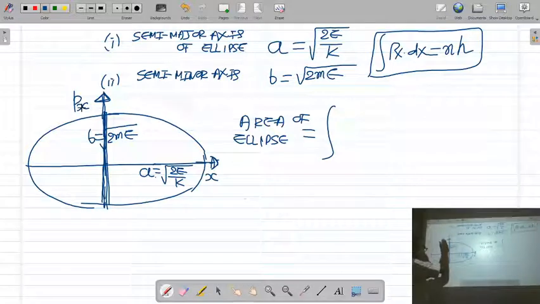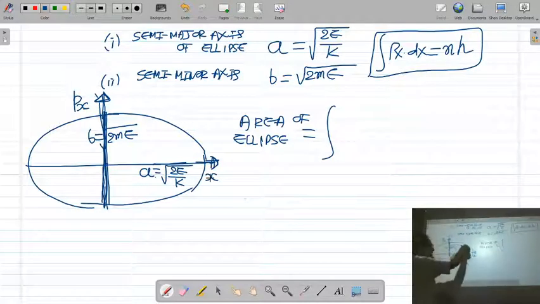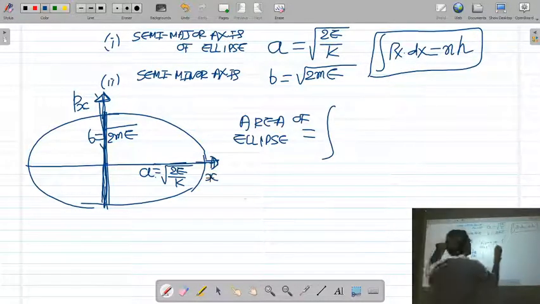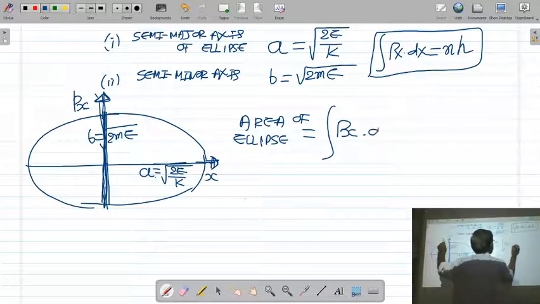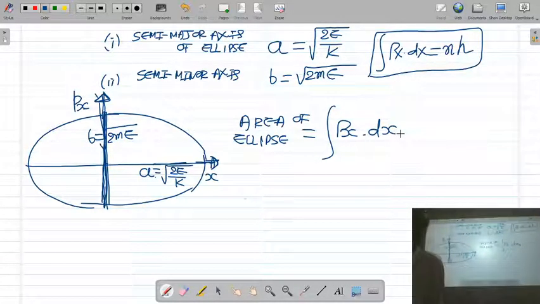Px is the momentum coordinate taken along y direction and position coordinate is taken along x direction. Then the area enclosed by this ellipse is given by integration of px dx.